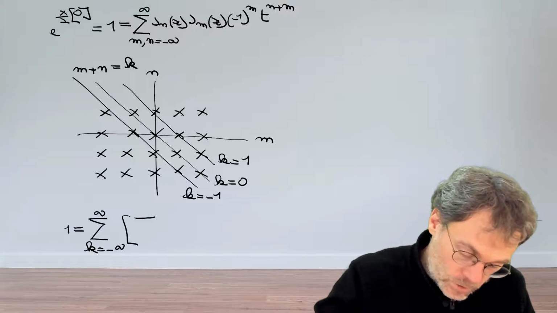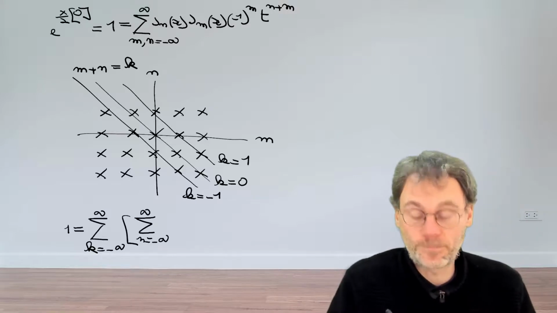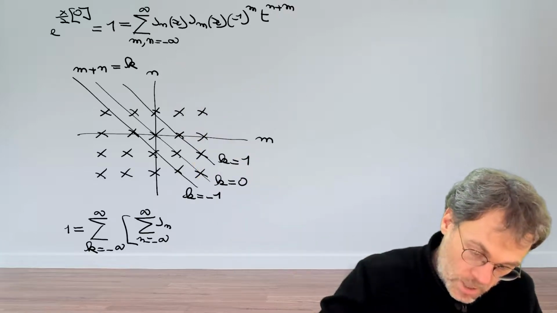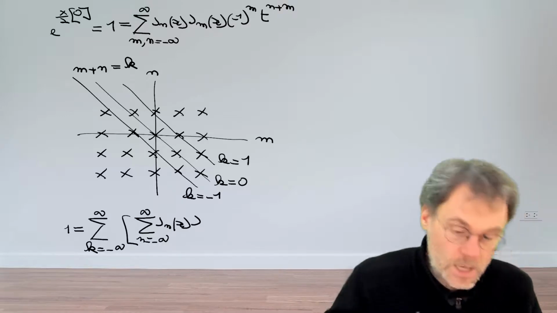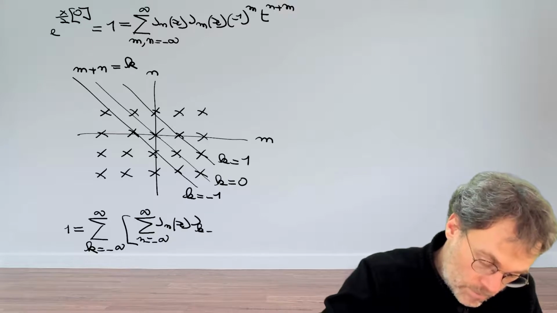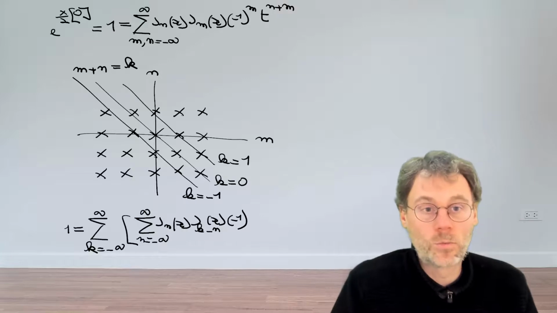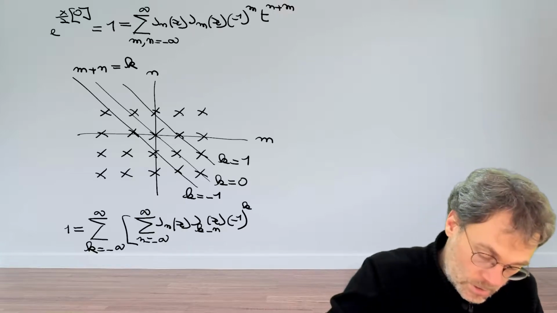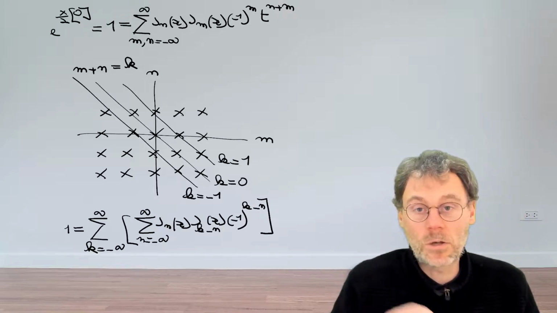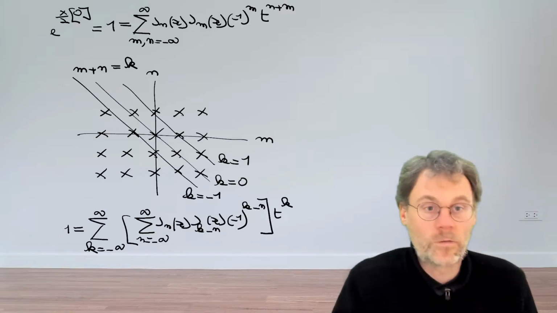So we have a sum n going from minus infinity to plus infinity. And now we just rewrite what we had up there: J_n(x), J_m(x), so m becomes k minus n, J_{k-n}(x), and then minus 1 to the power of m, so that's k minus n. So these are all the coefficients that correspond to t to the power of k.